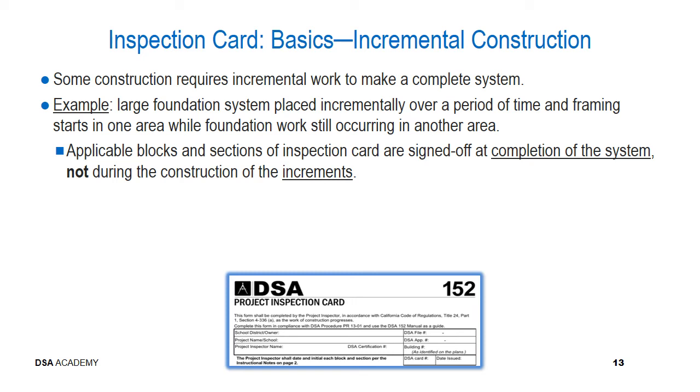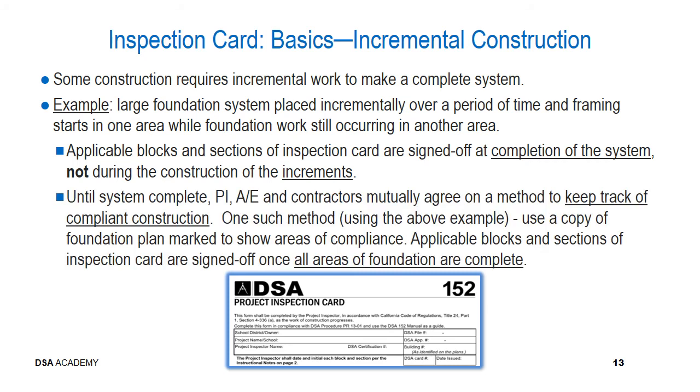Well, again, because only the applicable blocks and sections of the inspection card are signed off at the completion of the system, not during the construction of the increments, you need to come up with a method of appropriately communicating with all of the interested stakeholders. One example would be that until the given system is complete, you as the project inspector, in coordination with the design professionals and the contractors, mutually agree upon some type of method to keep track of that compliant construction.